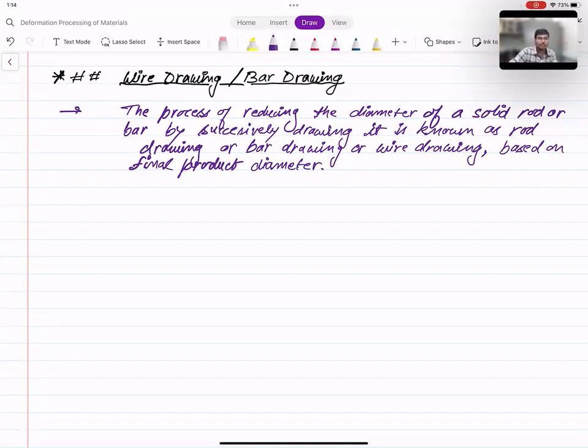Now let us see the schematic diagram for this process, so it will be easy to visualize it. We will also see what the various components or regions are called here. By this process, basically, reduction in cross sectional area is done.